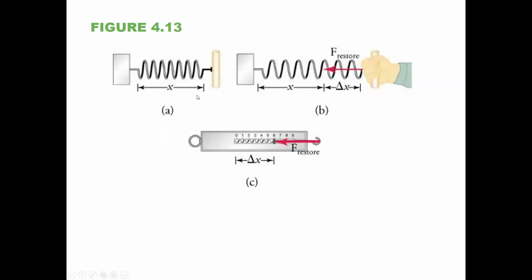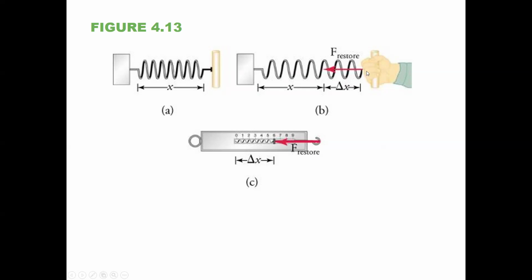So this is a spring. The spring has a natural length known as x. If you pull the spring far beyond its x limit to a displacement known as delta x, then if you let go, there will be a restoration.